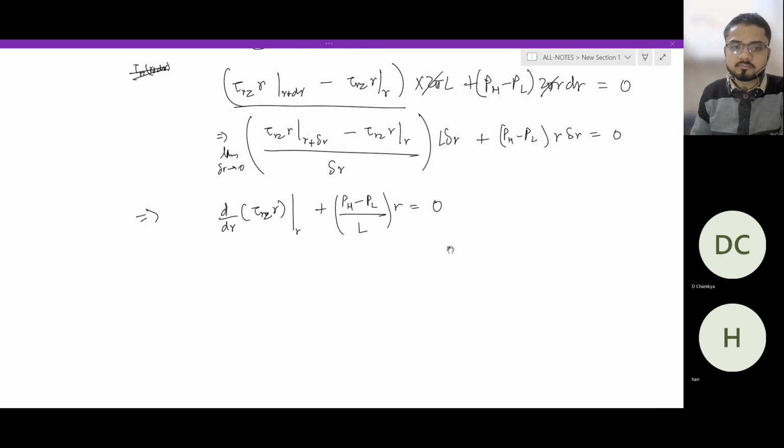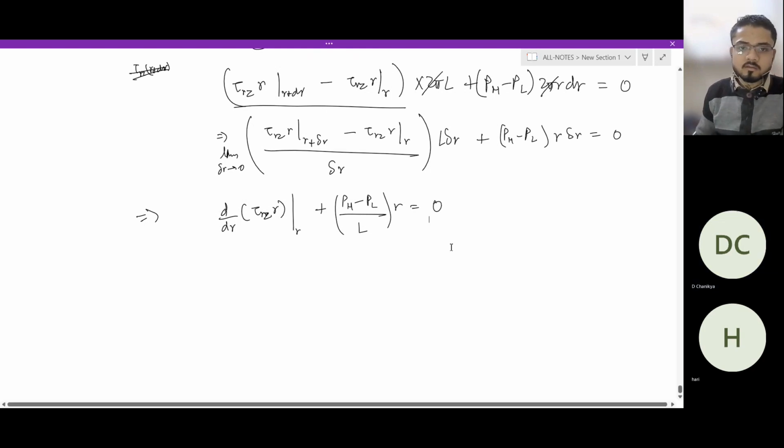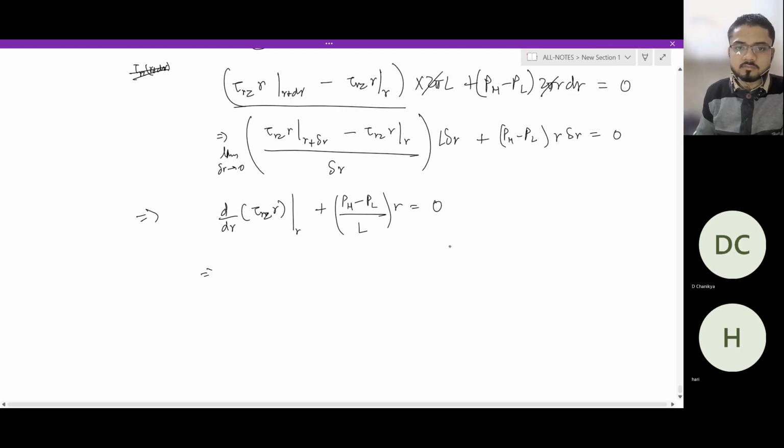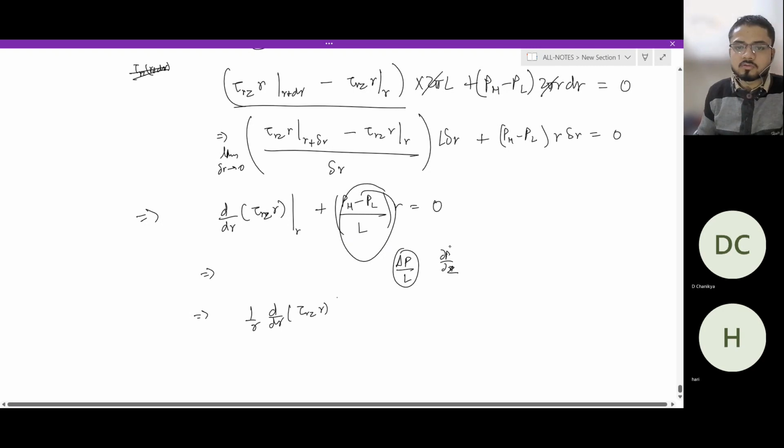This is fine, right? So this entire thing becomes, let's assume this to be called delta P by L. That's the pressure gradient, basically, del P by del X. Here it's Z. So this becomes 1 over R d by dr of (tau RZ R) equal to minus del P over L. Yeah, that's it.